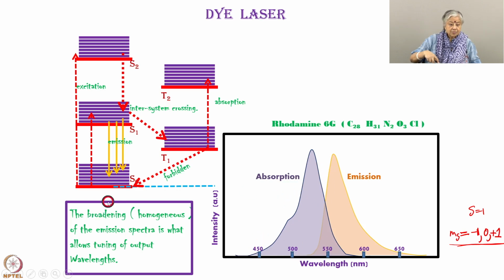When it absorbs, the excitation of the dye goes from here to this level, or it can also go from this level to this level, depending on the wavelength. The wavelength has to be just more than this and it will get excited there.